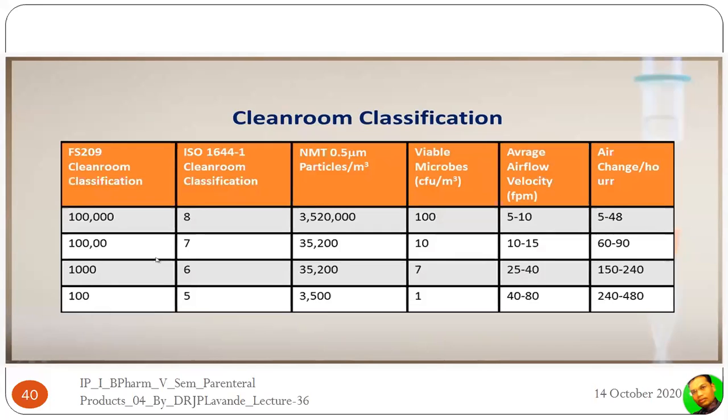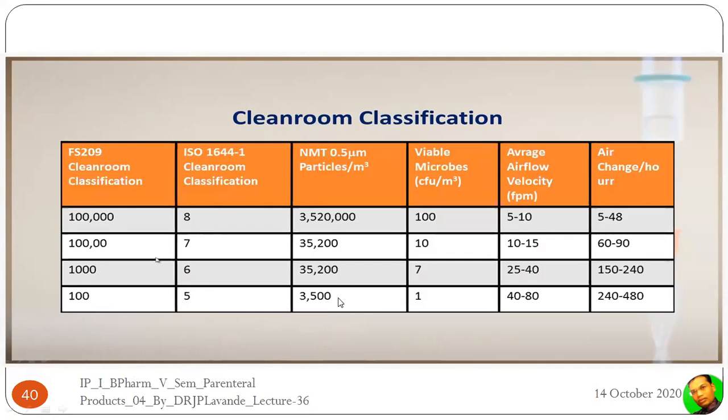You can see the classification of these rooms, from 100 to 1000 to 10,000 to 1 lakh. As far as ISO is concerned, the cleanliness classification has been given grades 5, 6, 7 and 8. From 100 to 1 lakh, you can see the number of particles of 0.5 micrometer per cubic meter, its value goes on increasing.